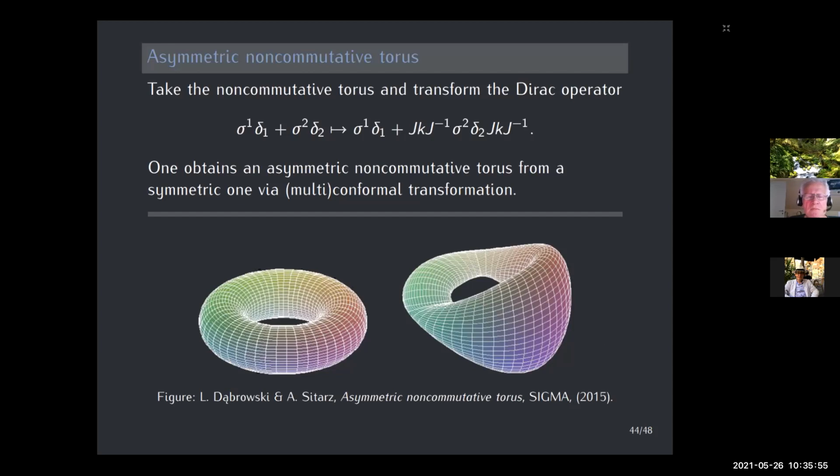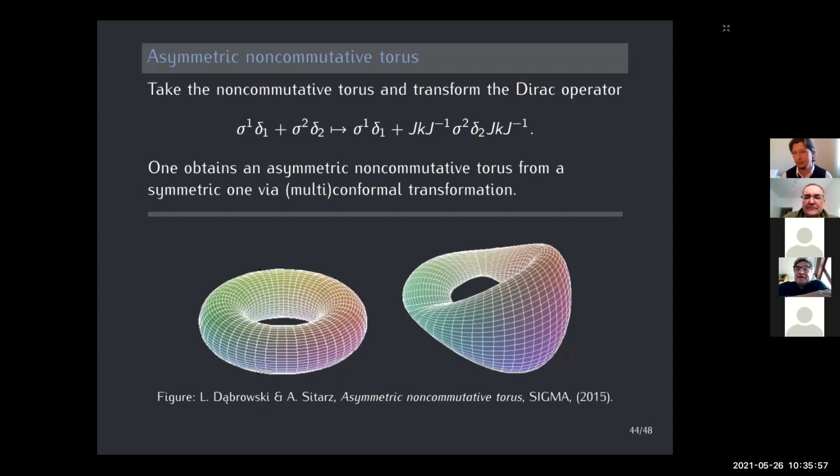A very short comment on what Adam said: this is more than a conformal transformation. The non-commutative torus you could understand as a twisted product of two circles, the algebras of two circles. But this coefficient k does not depend only on the second variable, the second generator of the non-commutative torus. So it's not really a conformal transformation of the second factor, coming from the second generator, but k depends on both.